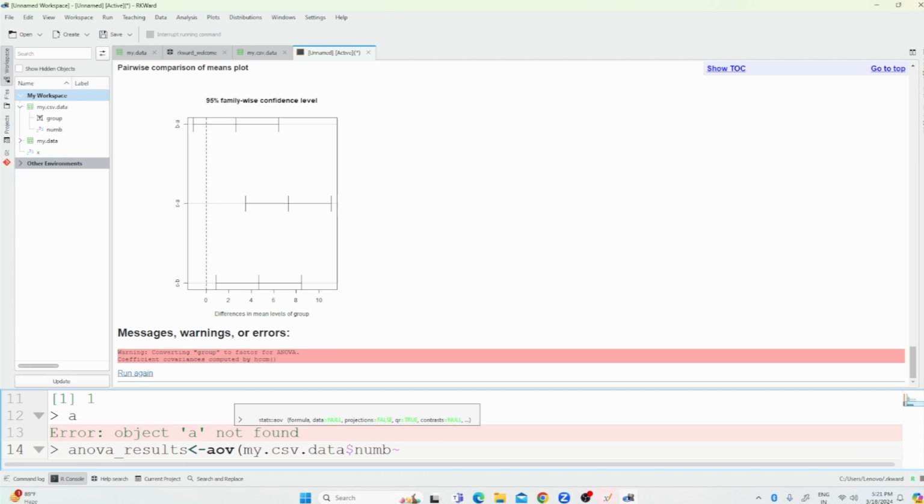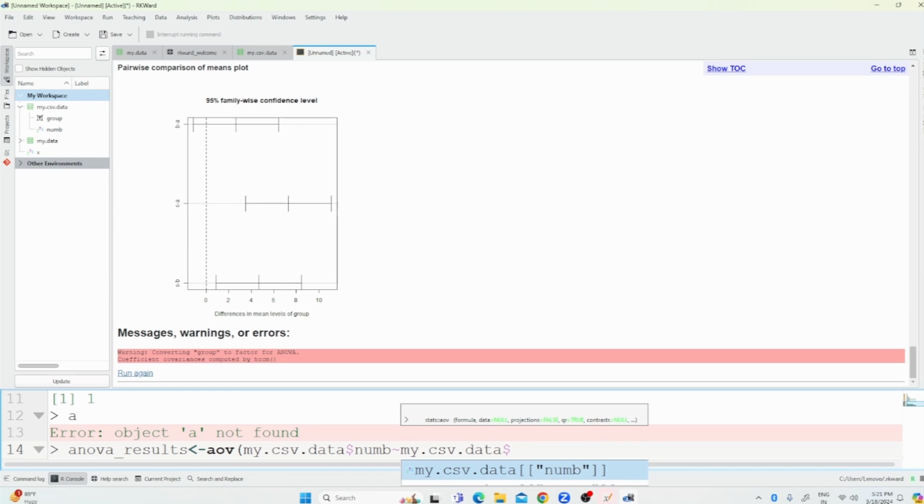This is a sign to say that y is dependent on x. Dollar number is the function, yeah, group.